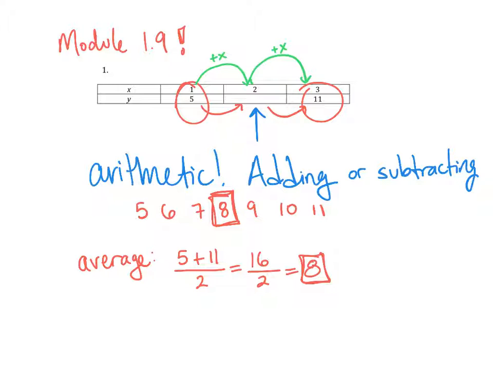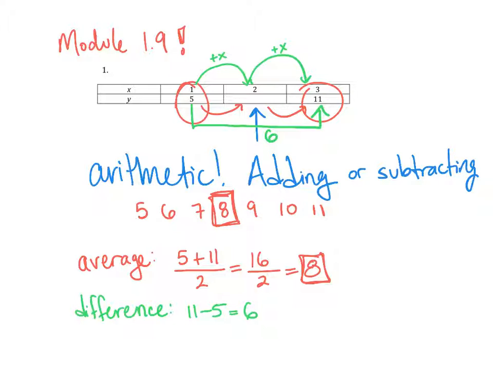So what I'm going to do is I'm actually going to find the difference between 5 and 11. So I'm going to do some subtracting here. So the difference, let me write this one down. I'm going to say, okay, the difference between 11 minus 5, what is that difference? 6.